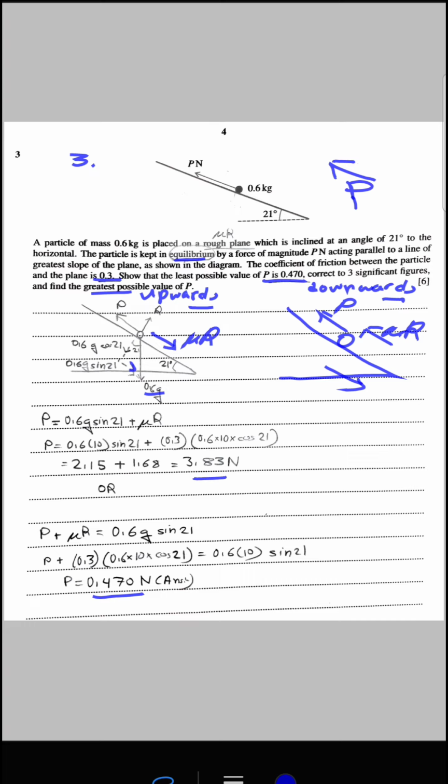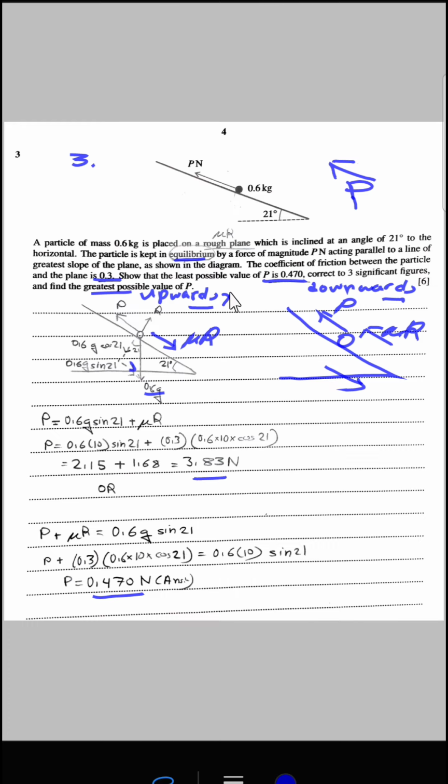We need to find the least possible value of P, which is 0.470, correct to 3 significant figures, and find the greatest possible value of P. For these values of P, the least and the greatest, we have to consider two scenarios.